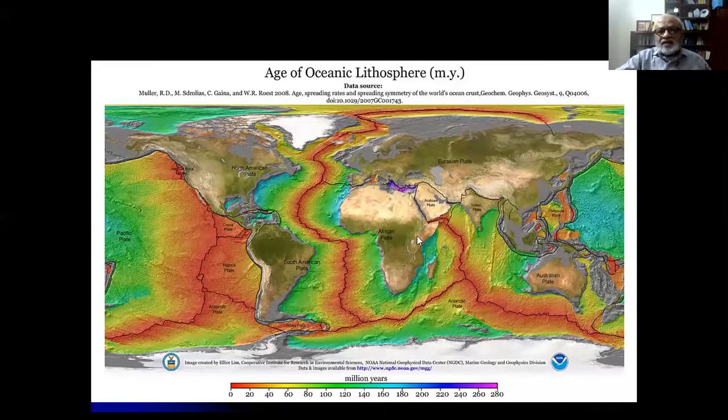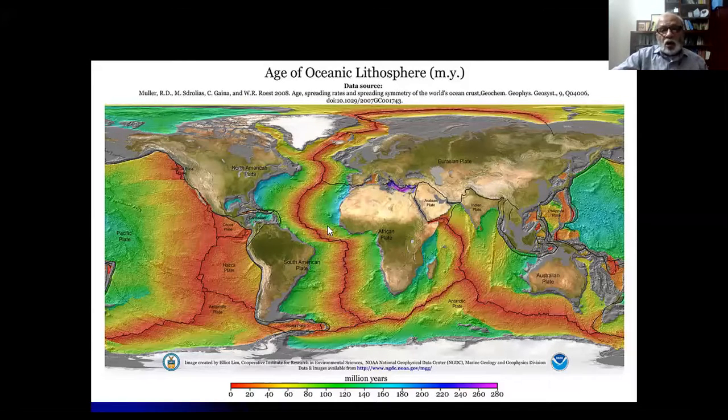All these plates are crustal blocks. They are very thin compared to the radius of the Earth, the hard surface part of the Earth, and these lines are the lines along which the continents have moved away.